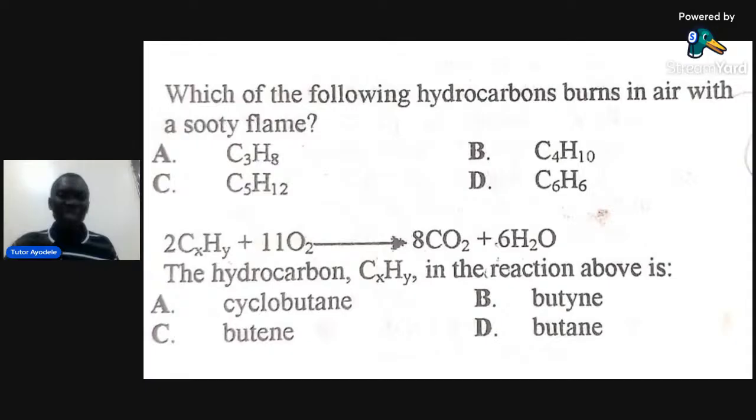Is the problem caused by carbon or by hydrogen? Tell me in the comment.